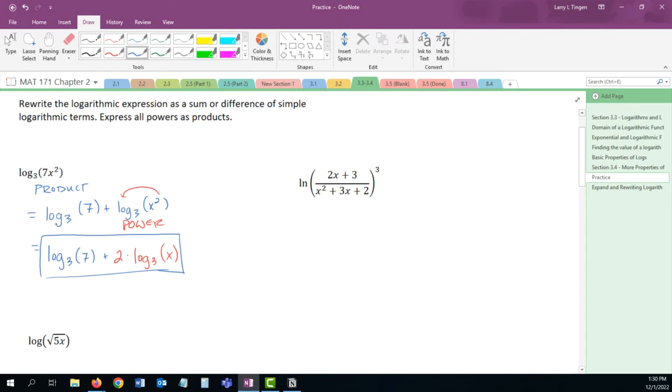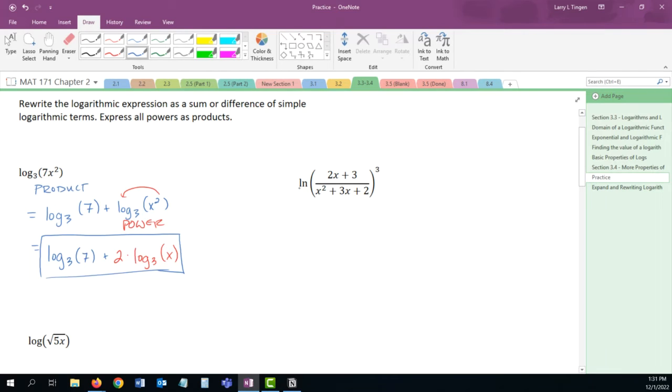To break this up, I need the product, but then when I come down here, if the product, quotient, or power rule come into play, I can do those again. All right. How do I know I'm done? I'm done when the argument of any log no longer contains products, quotients, or something to a power.